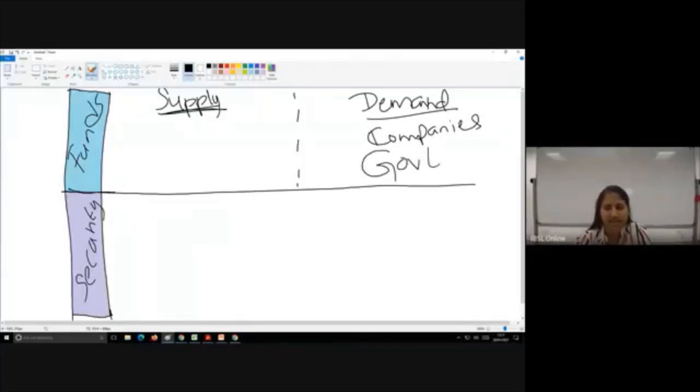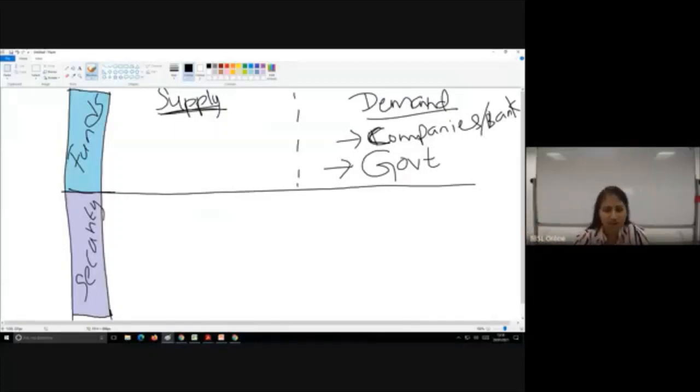These are the entities who will need funds. They will say, look here, I need funds. Give me money for investments. So these are the entities who would essentially request funds. Then you might have certain banks or institutions coming in, or as a whole, you can convert this as firms and government. These two entities are the ones who would need funds. They require funds, therefore they demand funds.